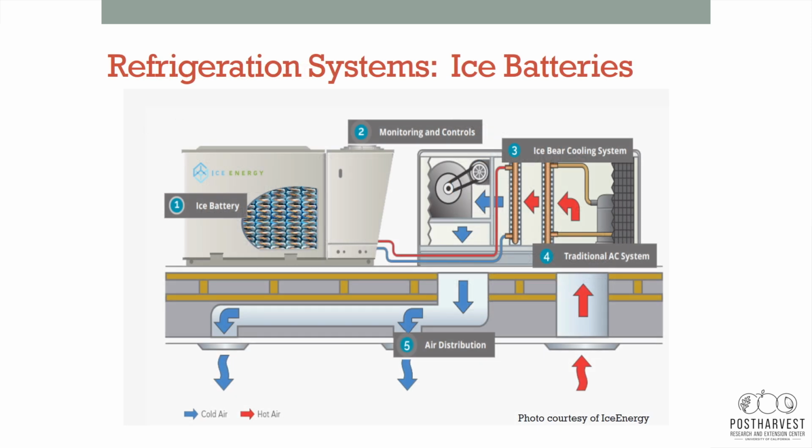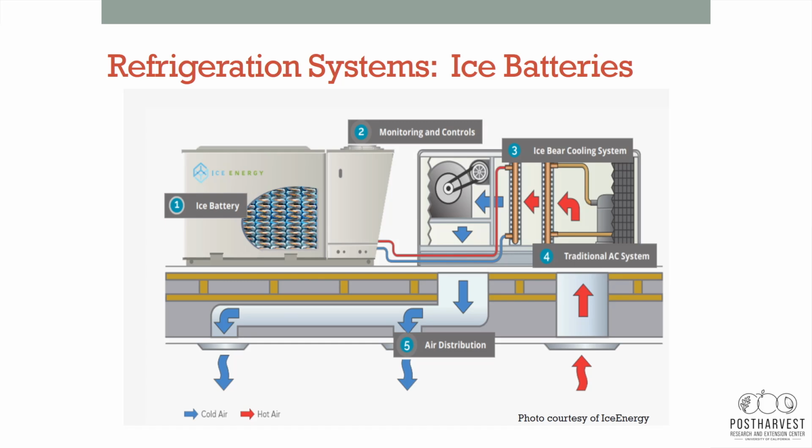So this is one refrigeration system that has caught my eye. It's called an ice battery. And why is it called an ice battery? Typically, cold or heat is stored in these batteries when it's not needed, let's say during the night.